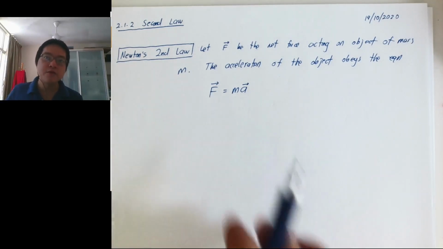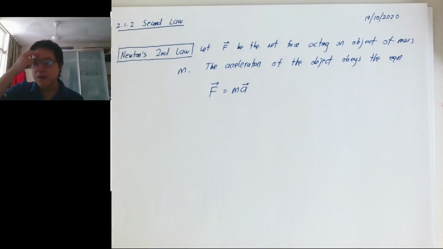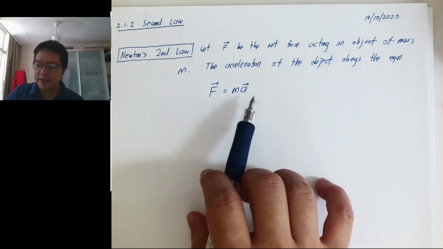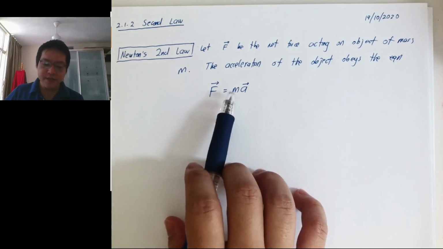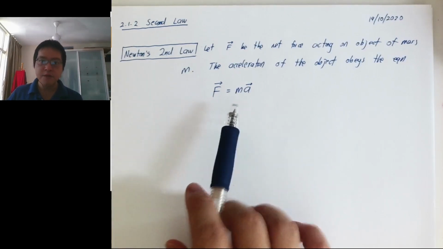We are talking about Newtonian mechanics, where the forces and accelerations are of the order of what we see in everyday life, like a car, and the forces are like objects hitting, collisions, and things like that. This law will no longer be valid if you are moving very close to the speed of light. We will learn more about that in chapter 10. For now, we learn about the everyday scale of objects.